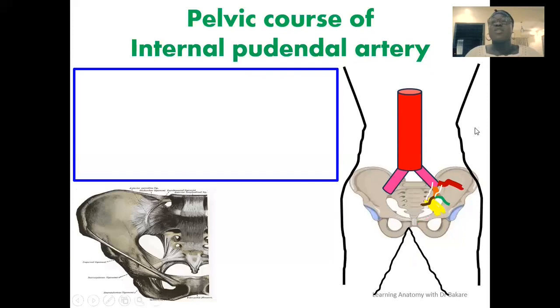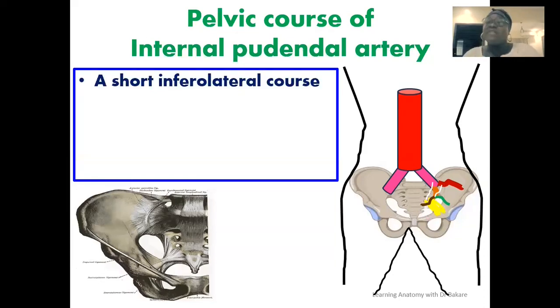So the first course is the pelvic course of the internal pudendal artery. After its emergence, it is seen to run a short pelvic course. And this pelvic course is directed inferolaterally and is driven towards the inferior region so as to be able to access a foramen through which it will exit the pelvic cavity.